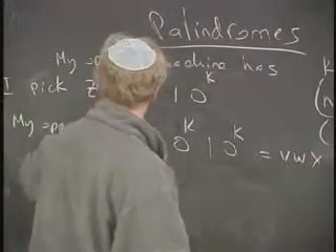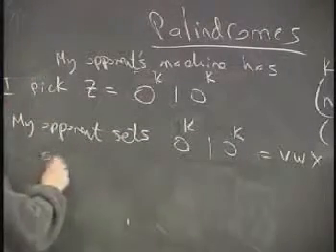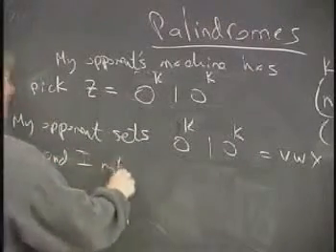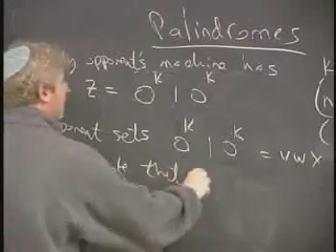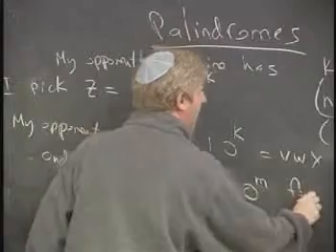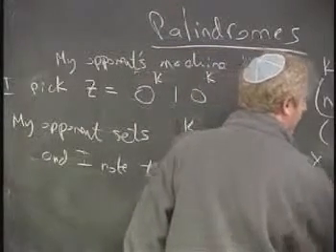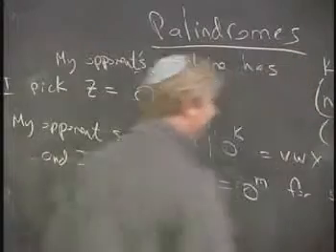and I will note this, my opponent sets this equal to VWX, and I note that W equals 0^m for some m between 1 and k.